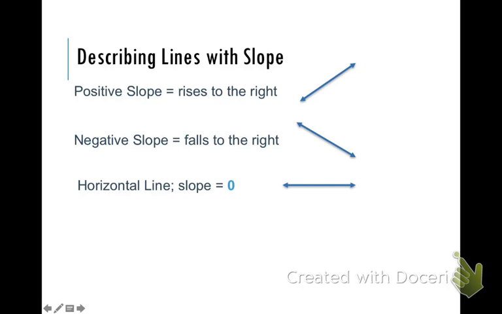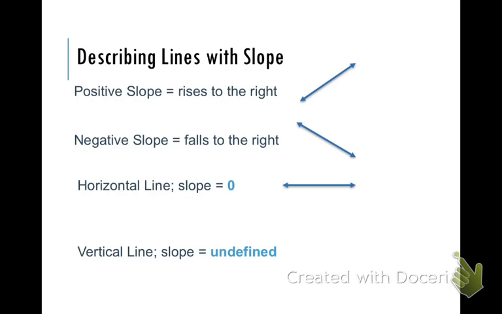Oh, I went horizontal. Did I go horizontal first? It's my fault. Horizontal line is going to be a 0 slope, and then vertical line is going to be an undefined slope. Now, the biggest thing that students interchange that is not correct is that they call a 0 slope and a no slope the same thing, even though it's different.